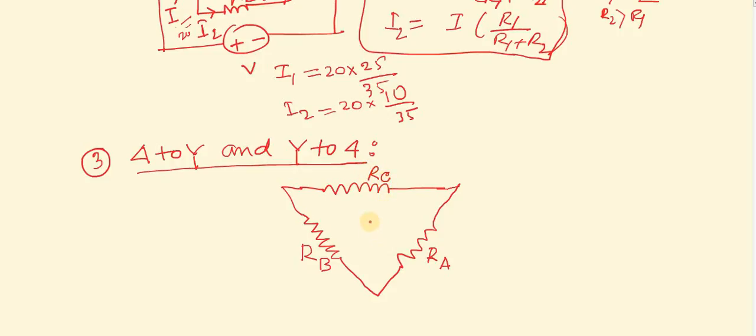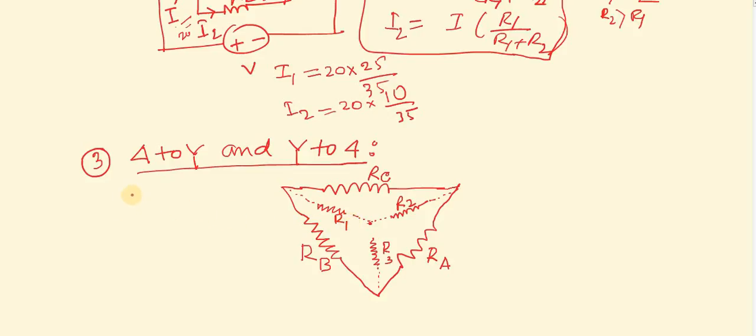Okay, and our star value resistances, say R3, this is R2 and this is R1.